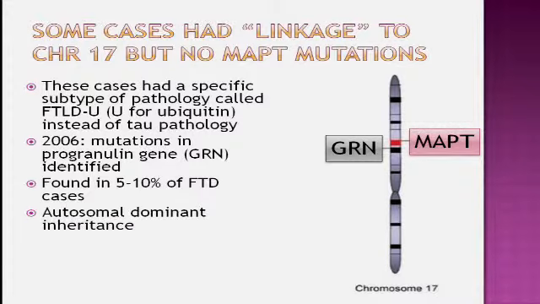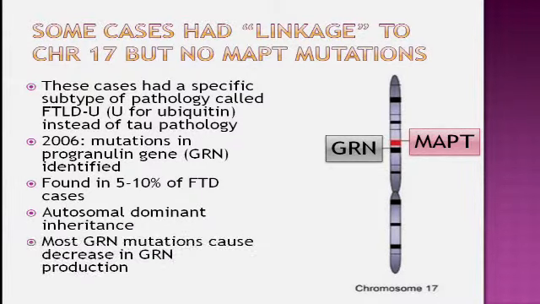10 to 20% now. Progranulin mutations are also inherited in an autosomal dominant manner, and in contrast to tau, where you get abnormal function in the protein due to a change that changes the amino acid sequence, most progranulin mutations resulted in loss of the protein through those garbled protein mechanisms, frame shifts, and introductions of new stop codons.